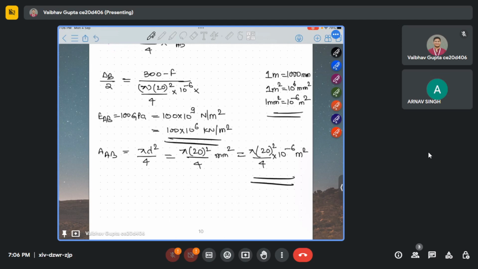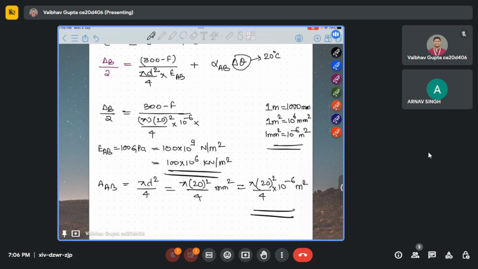Plus, I'll write 100 into 10 to the power 6, plus alpha is given as 20 into 10 to the power minus 6 into 20.